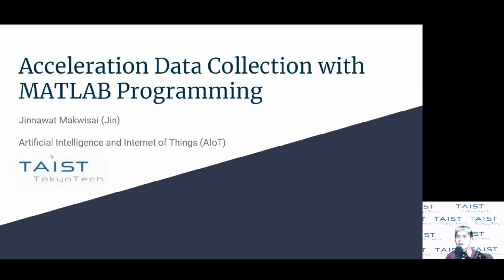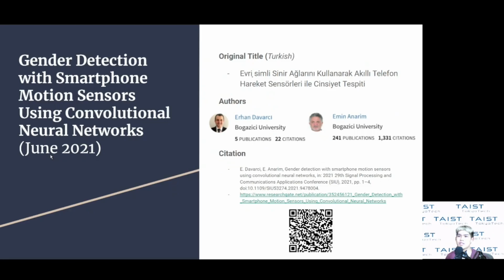So let's get started. This demonstration will be based on the literature called Gender Detection with Smartphone Motion Sensors using Convolutional Neural Networks from June 2021, whose original title was in Turkish.